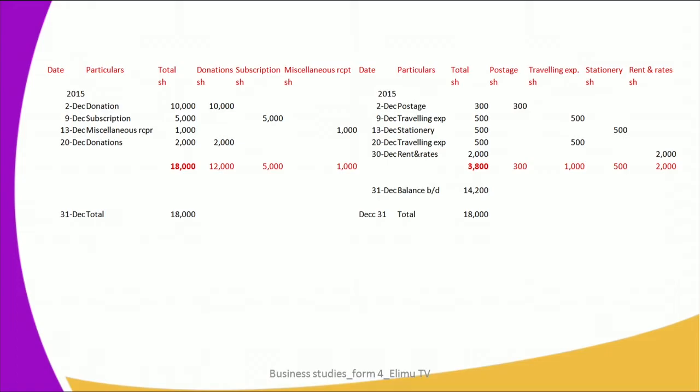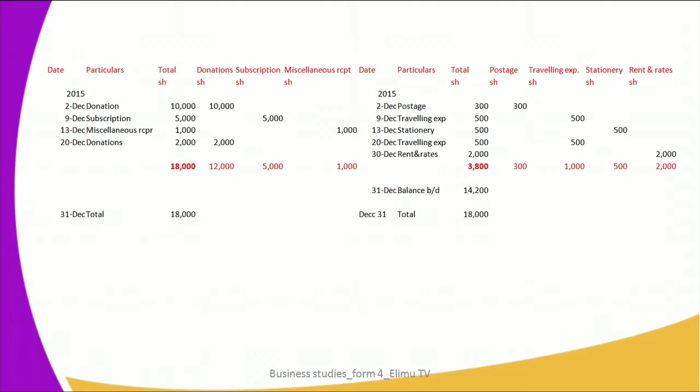Still on that 2nd, you had an expense that was postage. 300 was used on postage. Still under the total column, you have 300, then under the postage column, you also record the same. So you do that for each and every revenue and expense that you have.